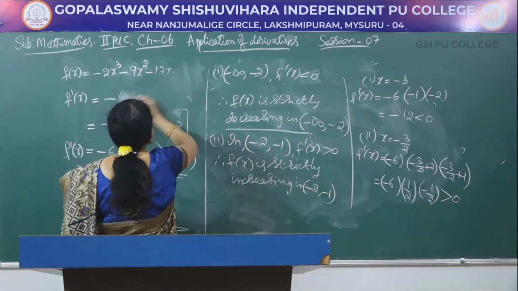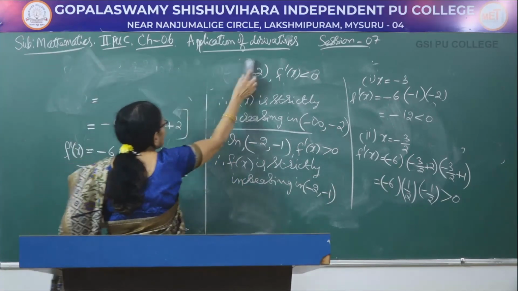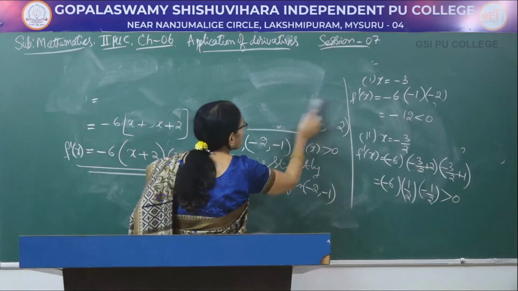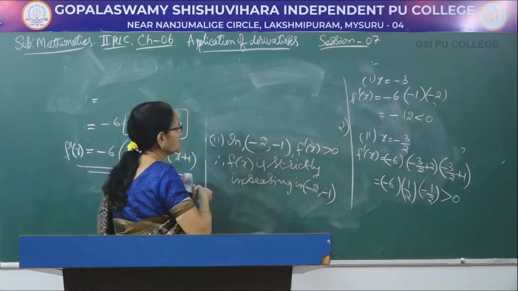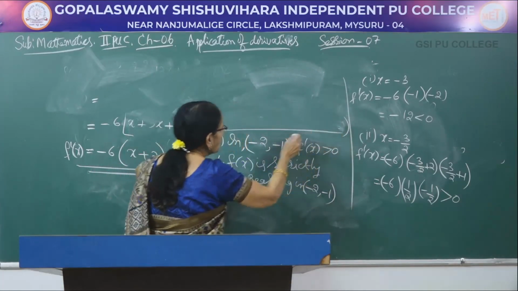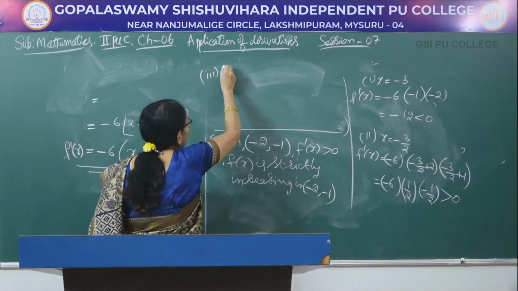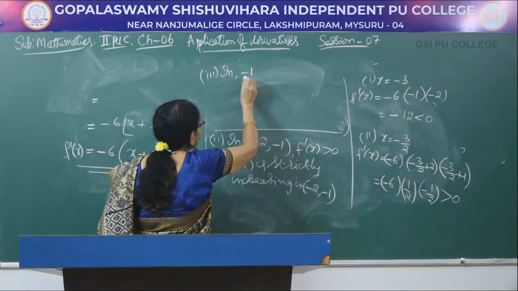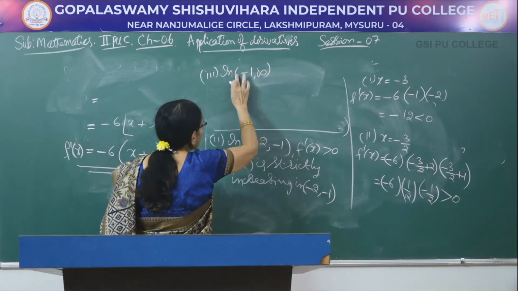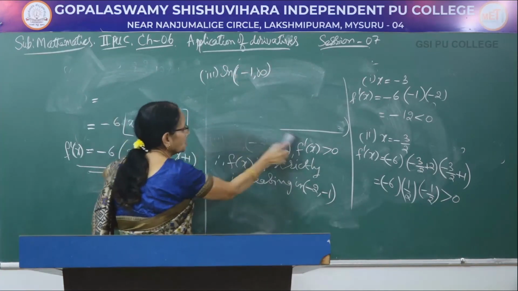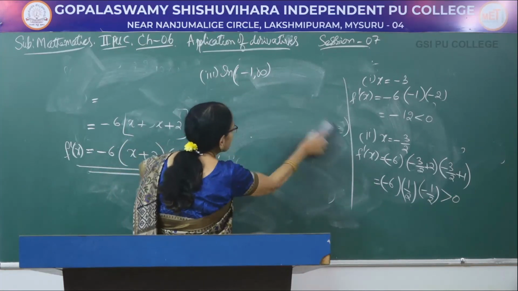Now, finally, we go to the third interval. So, in the first interval, it was decreasing. In the second interval, it was increasing. Let me go to the third one. It is in the interval minus 1 to plus infinity.